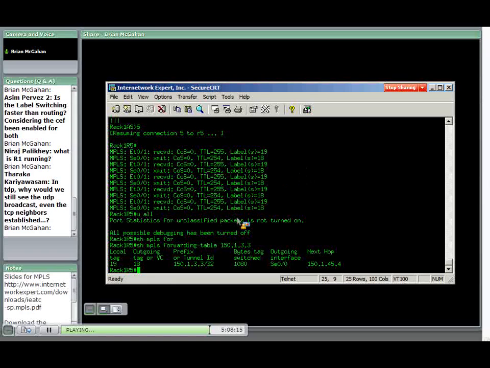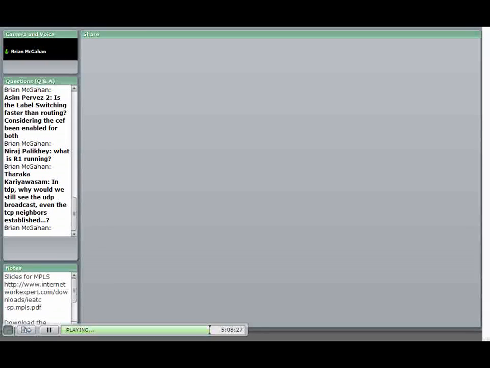When we send this, we are going to impose the label 19 and send it out gigabit 0/0. So let's go to router 5 and say debug MPLS packets. We'll do this ping from router 6, and then quickly go back to router 5 to look at its debug output.